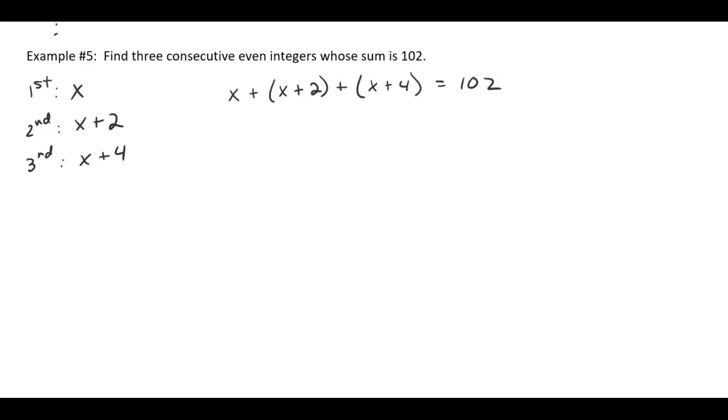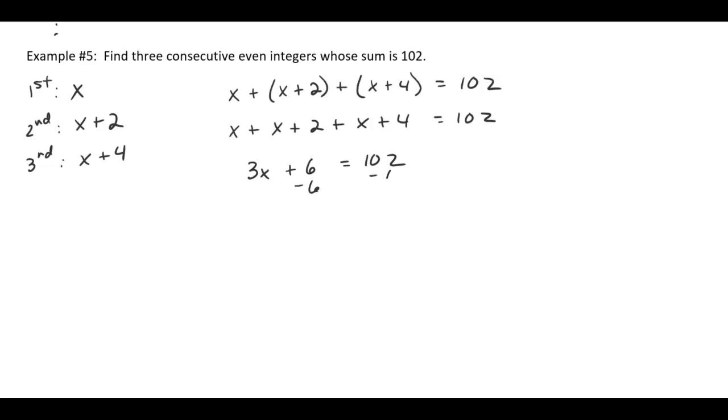So it's kind of similar, but they're not just consecutive integers, they're consecutive even integers. We don't need the parentheses, so if I add all the x's, I get 3x plus, and 2 plus 4 is 6, equals 102.